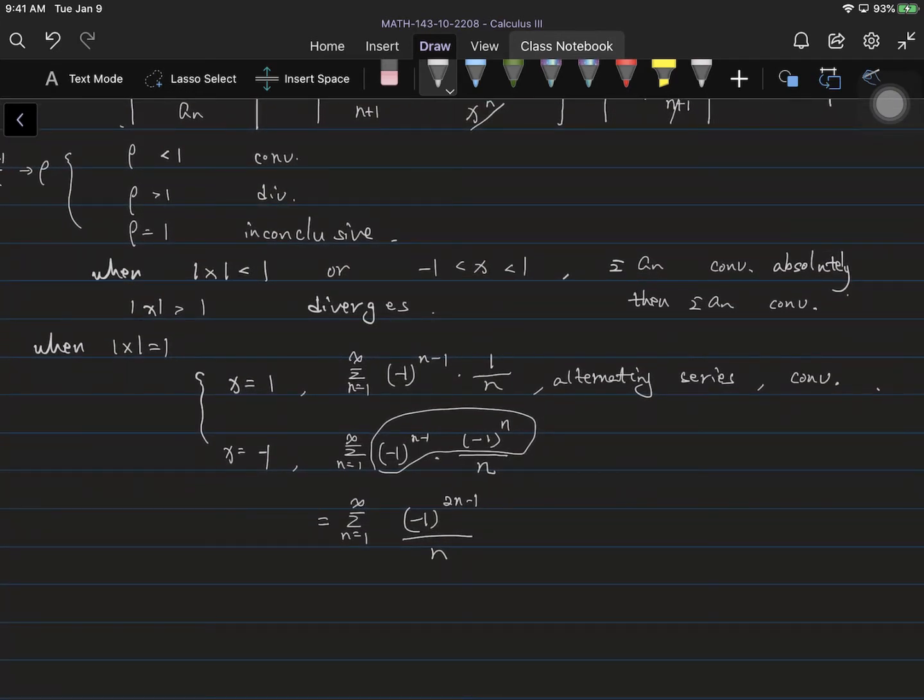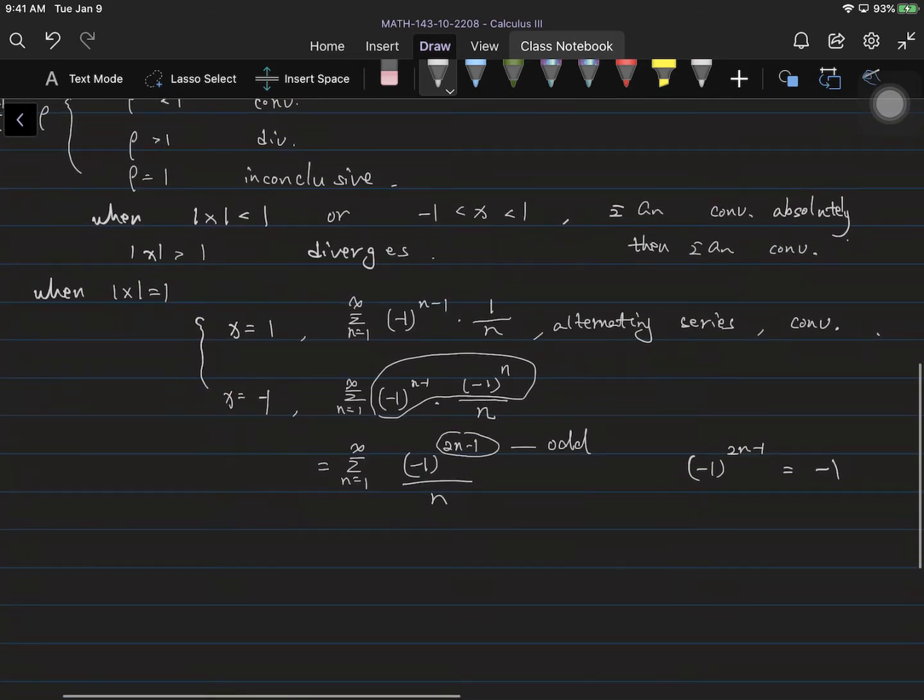We notice that 2n-1 is an odd number. -1 to an odd power equals -1, and -1 to an even power equals +1, right? So simplifying, it's like -1 over n, and then we can take the -1 to the front. This is just the harmonic series, and we know that diverges.